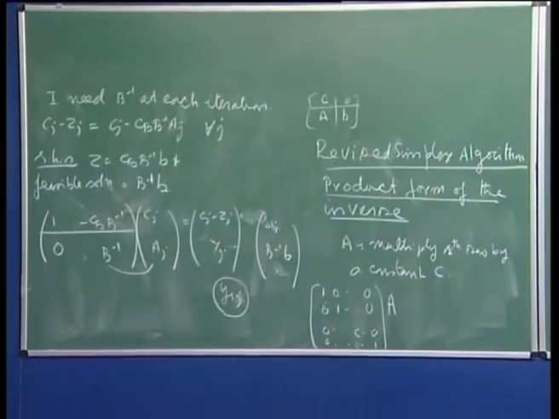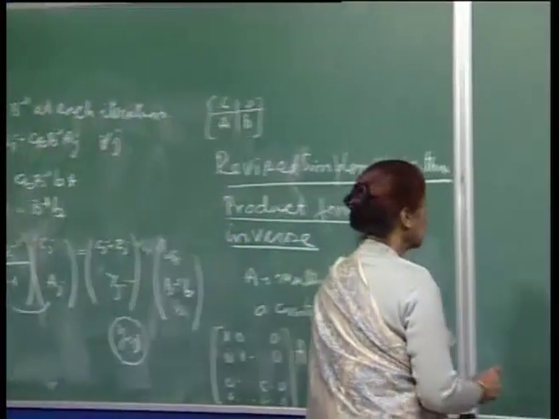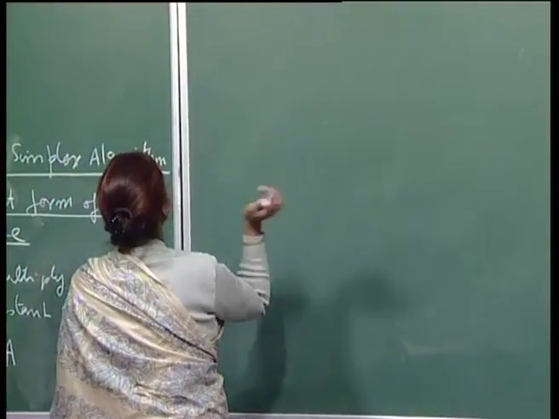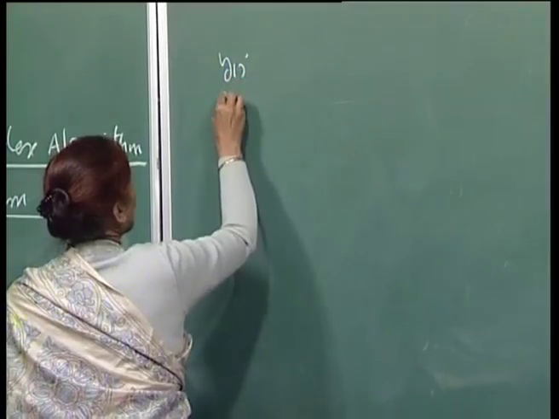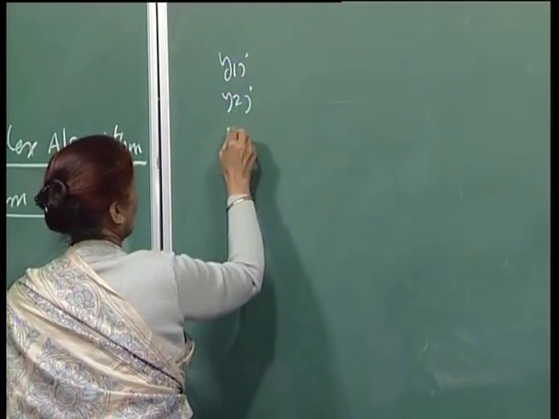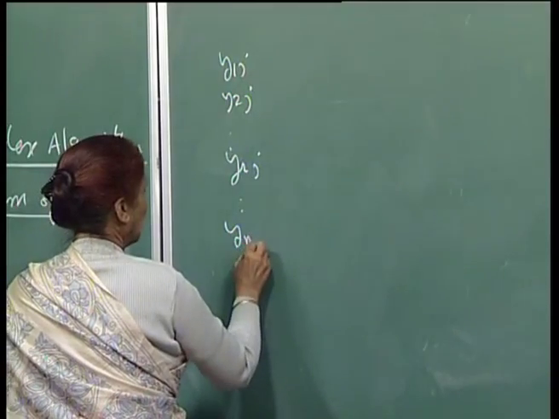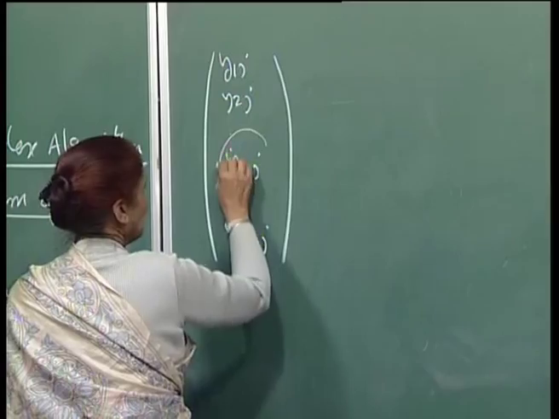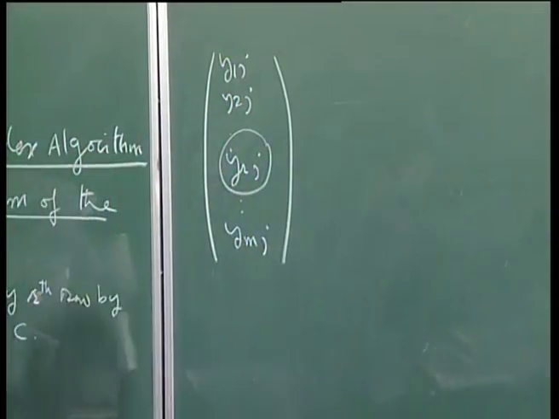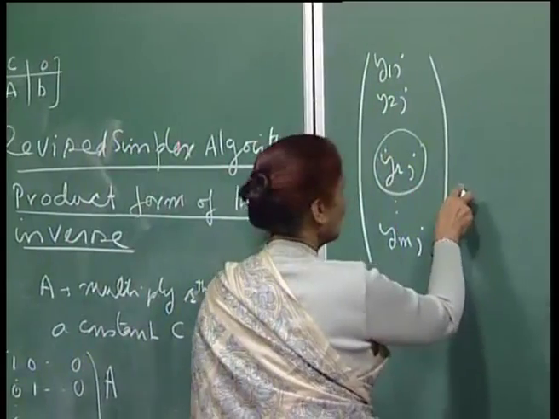Okay. So when you are pivoting on the column yj, for example, what do I have? The entries are y1j, y2j, yrj, and ymj. This is my yj column, right, and this is my pivot entry. So what will I do? I divide by yrj, right.